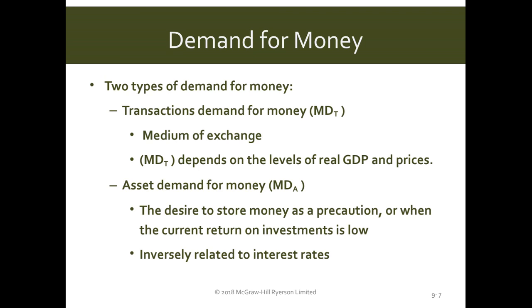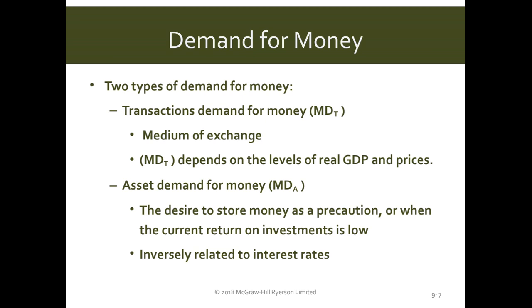So you are demanding that money, but you are not spending it buying goods and services. You are also not investing that money. You just keep it in cash or in a checking account so that if you need it in an emergency, you can withdraw it. But we are not going to include this in our analysis. Why? Because this is a small portion of the total money demand.